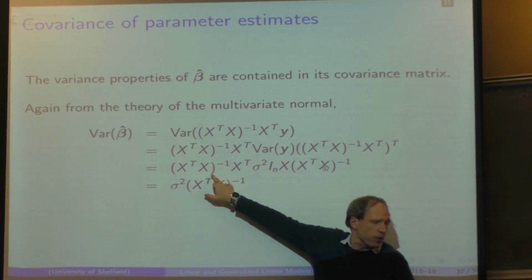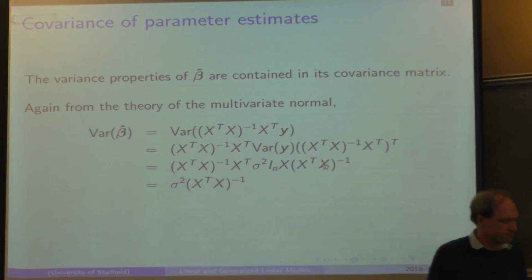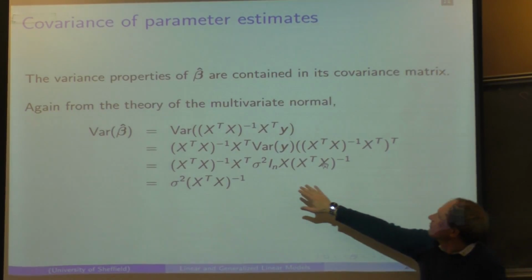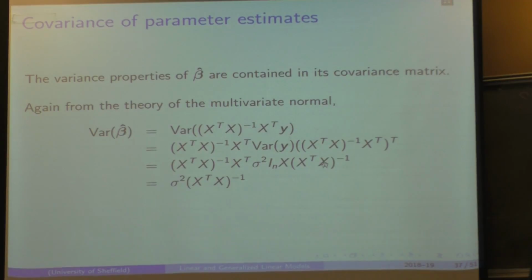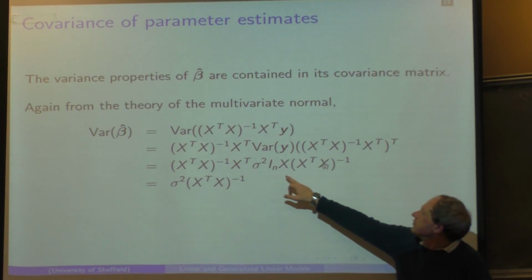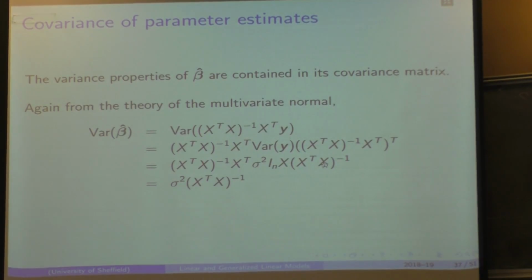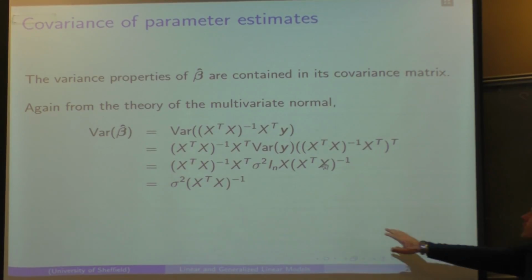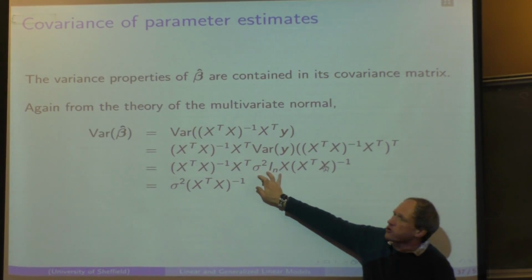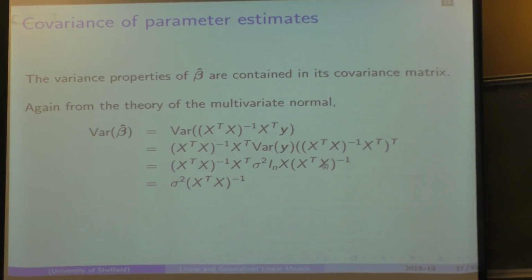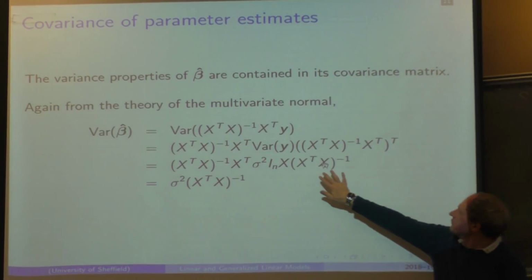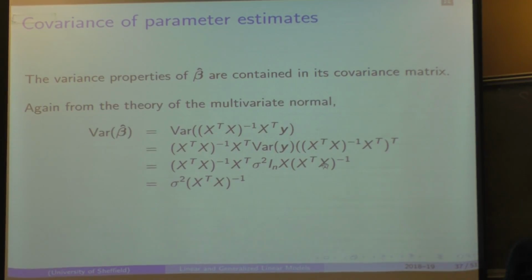We've got an X transpose X to the minus 1 here, and the sigma squared we can take out to the front, so we don't need to worry about that. Identities disappear in matrix multiplication. So we've effectively got X transpose X in the middle again, and then we've got the inverse X transpose X at the end.